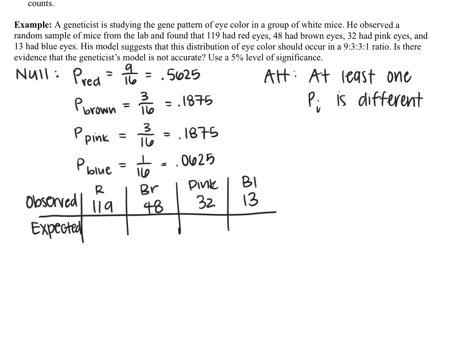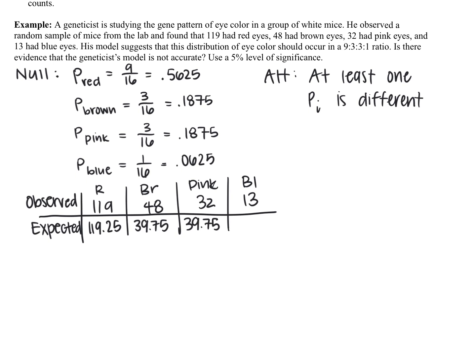Now to find my expected, I find my total sample size, so 119 plus 48 plus 32 plus 13, so 212. And now I'm going to multiply that by each of my proportions from my null hypothesis. So we're going to do 212 times 0.5625, and we're going to get 119.25. 212 times 0.1875 is 39.75, so that's the same for brown and pink.